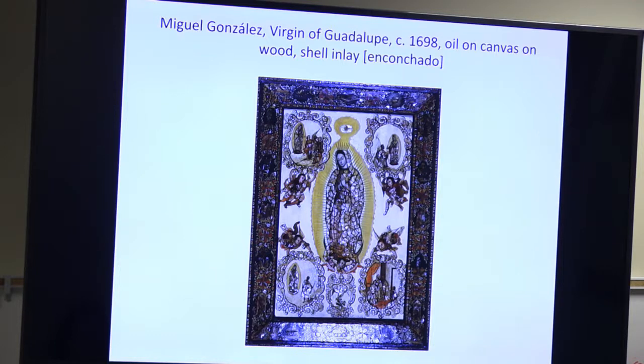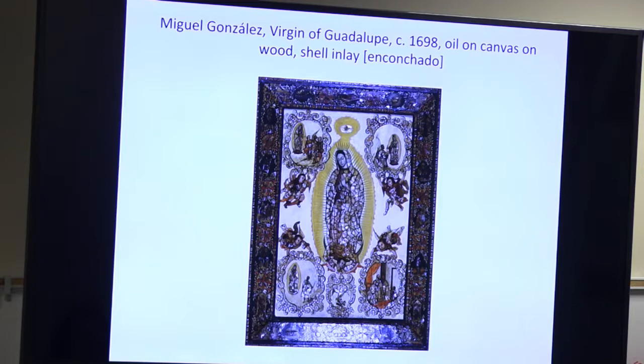This image is very different from the original image. The original image is a devotional image. This is just the image of the Virgin. Iconographically, the Virgen de Guadalupe is related to a genre of Virgin or Marian representation known as the Apocalyptic Virgin.